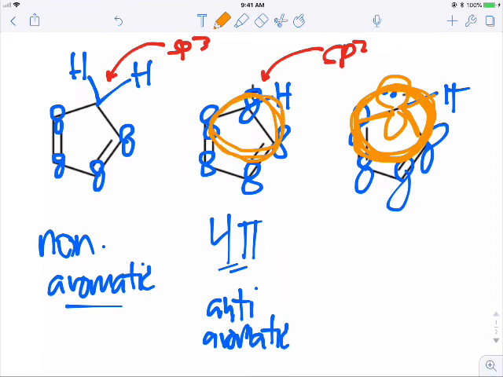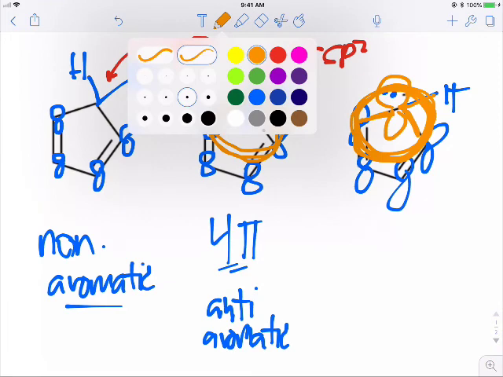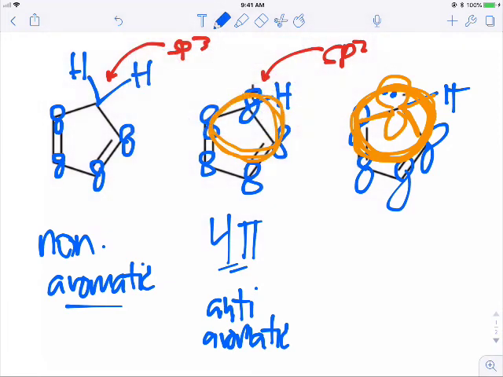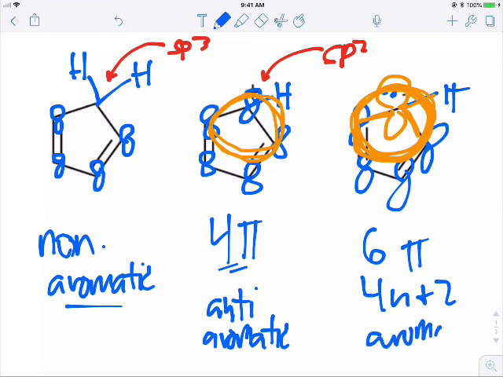In this case, instead of having 4 pi electrons, we have 6 again. 6 pi electrons, which is 4n plus 2. So that guy is aromatic. It's going to be more stable than we would expect.